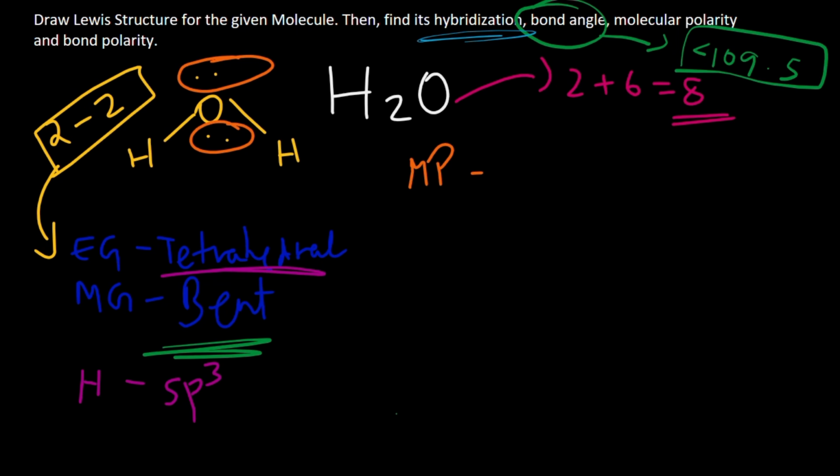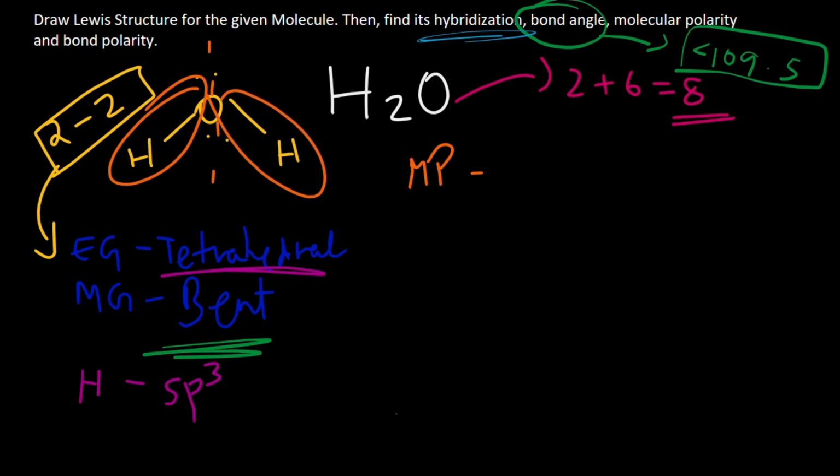But there are also some other things that you have to keep in mind, for example, the symmetry. If you divide this like this, you notice that this side is symmetrical to this side. However, we have two lone pairs, so this definitely will not be symmetrical.